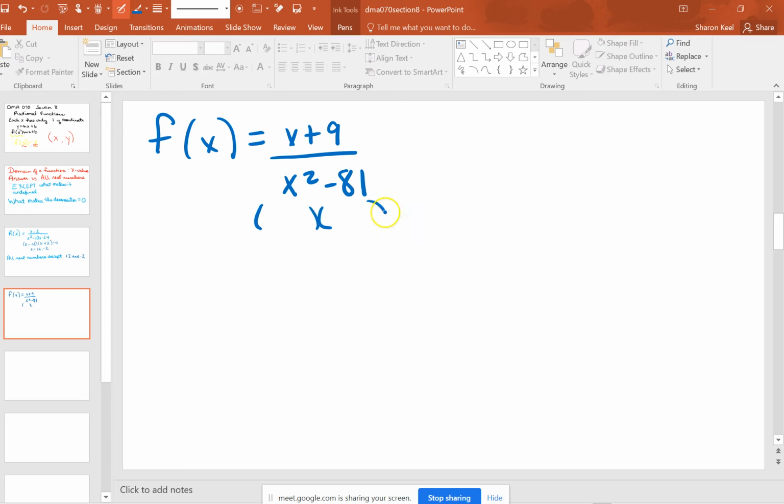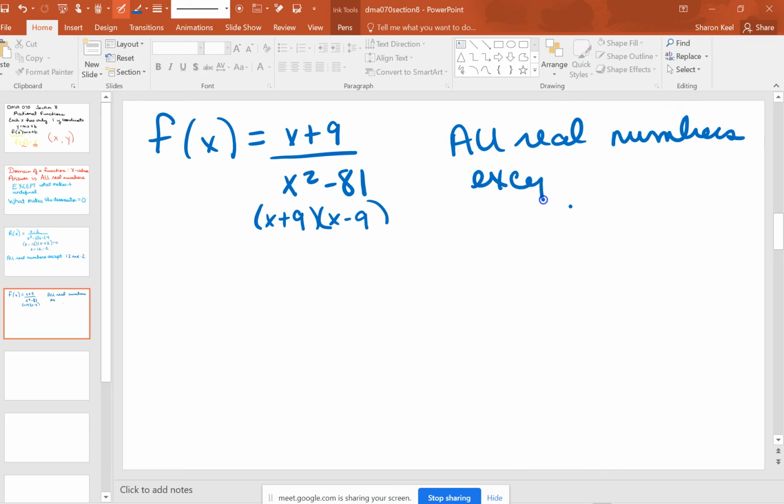So we're going to factor this into x plus 9 and x minus 9. So we would have a solution of all real numbers except what would make this first factor equal to 0, which would be negative 9, and what would make this one 0, which would be positive 9.